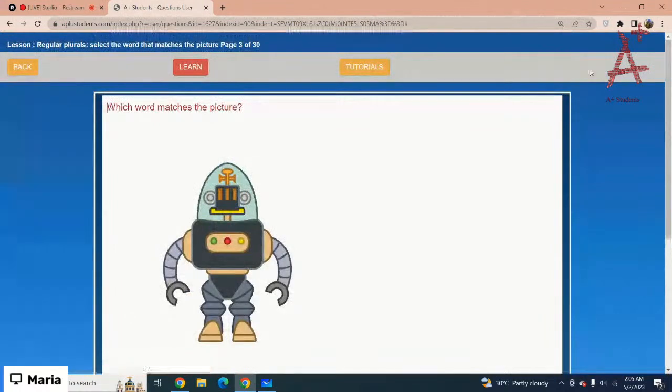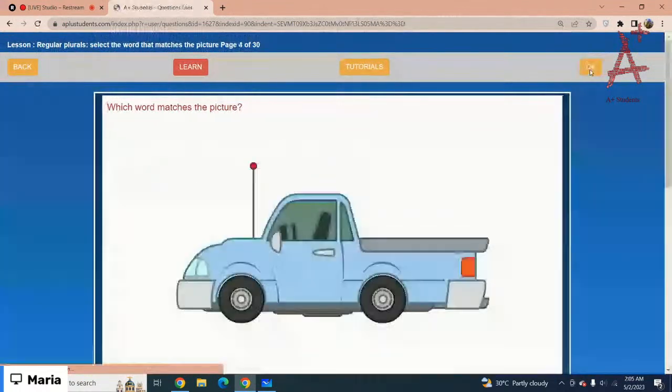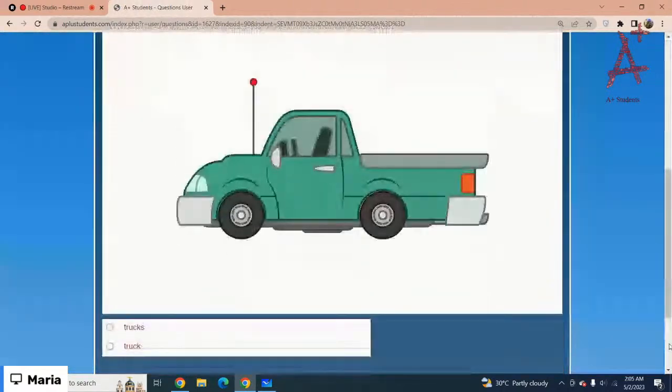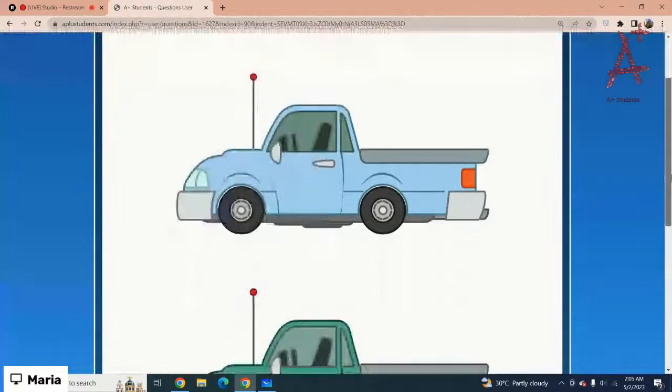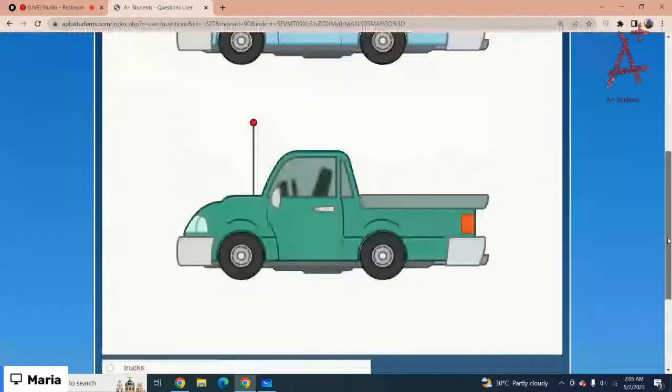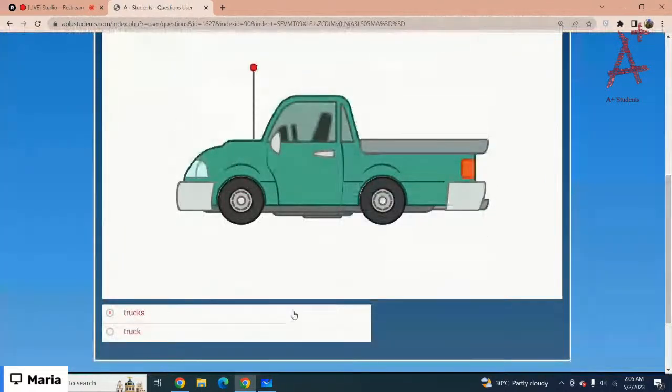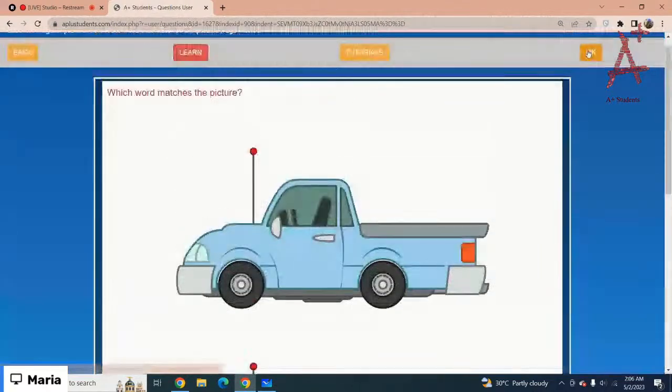It is just a toy. Okay, which word matches the picture? Trucks or truck? We have more than one, so it would be trucks. They are trucks.